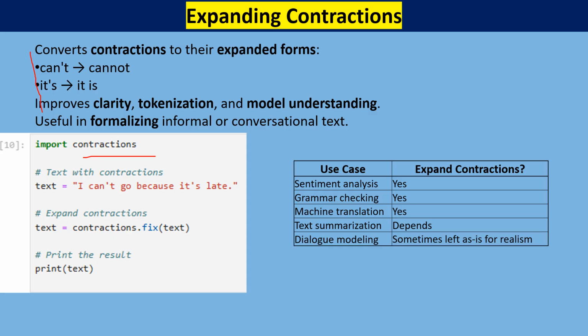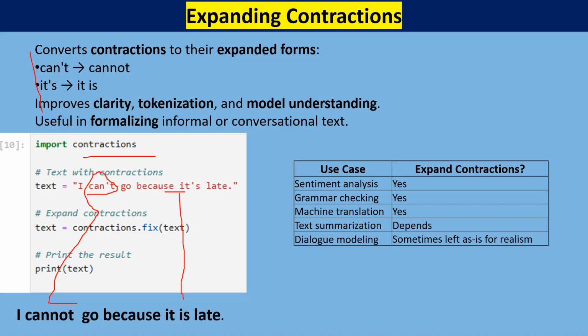It makes text more standardized, which helps downstream NLP tasks. The contractions library has built-in rules to safely and accurately expand common contractions. So I can't becomes I cannot, and it's becomes it is.